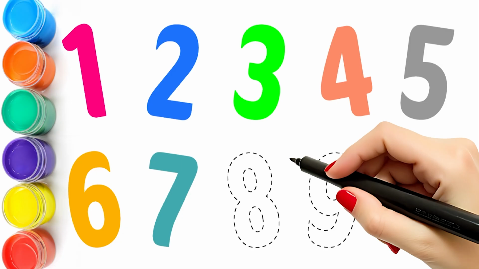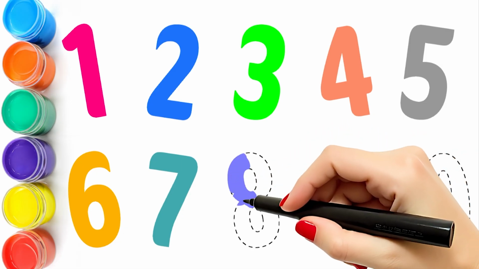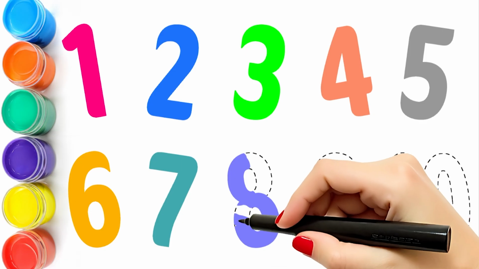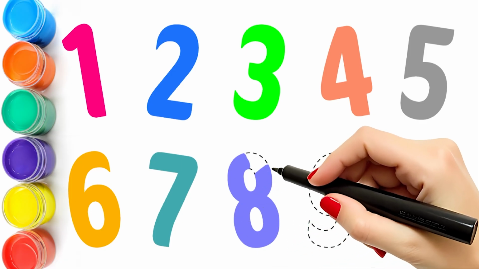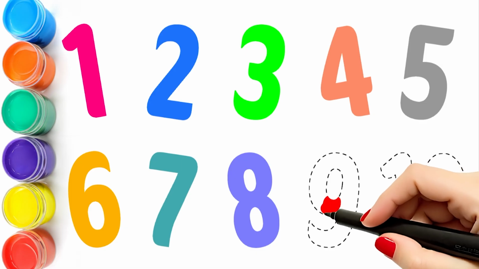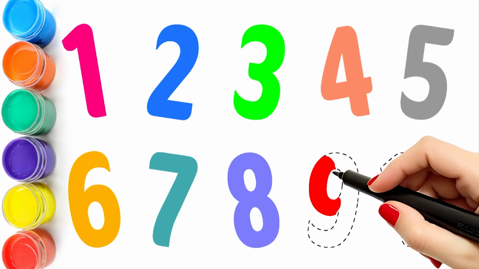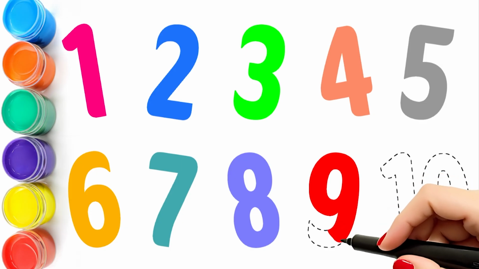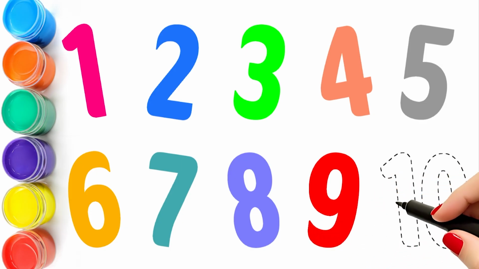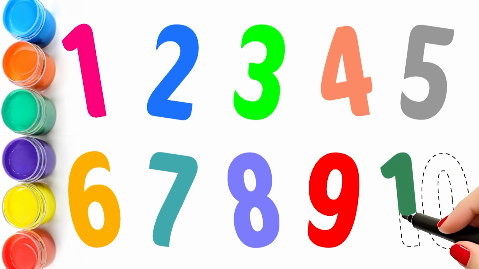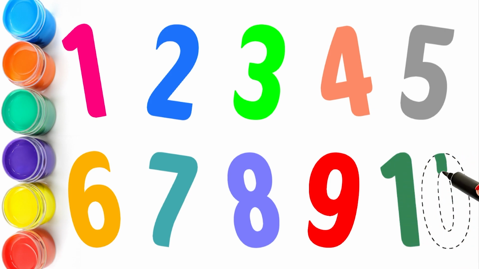Next time, won't you sing with me? 8, A, B, C, D, E, F, G, H, I, J, K, L, M, N, O, 9, Q, R, S, T, U, V, W, X, Y, and Z. Now I know my ABCs. Next time, won't you sing with me?